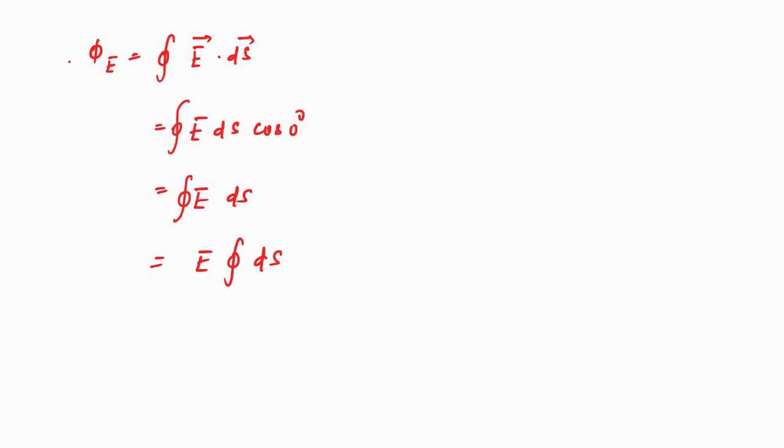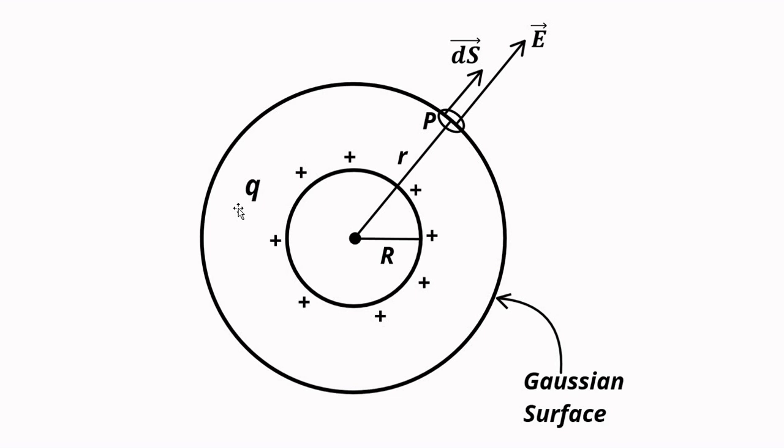Now in this case, the separation gap is nearly equal to capital R. We are taking the Gaussian surface very close to the charged sphere, almost touching, like this. This will be the Gaussian surface.